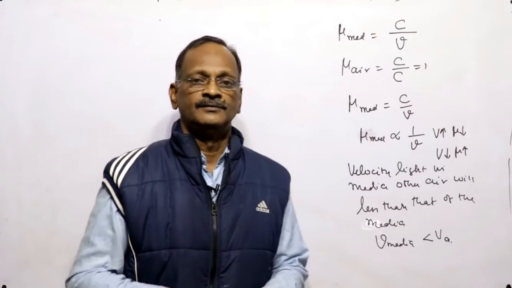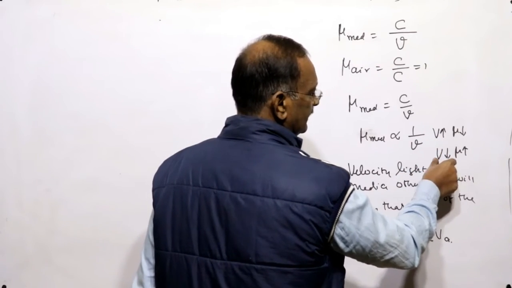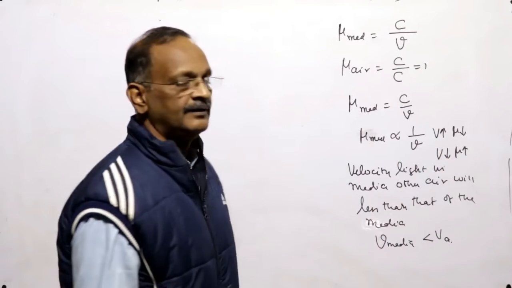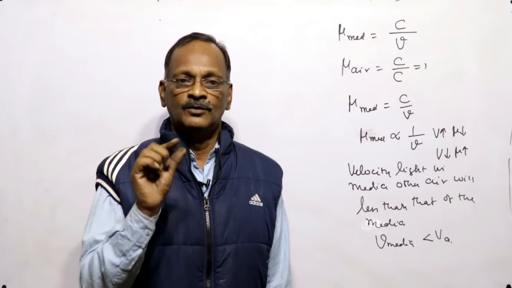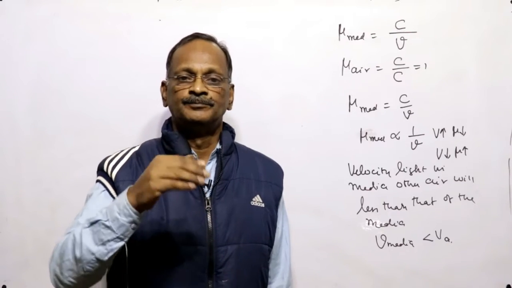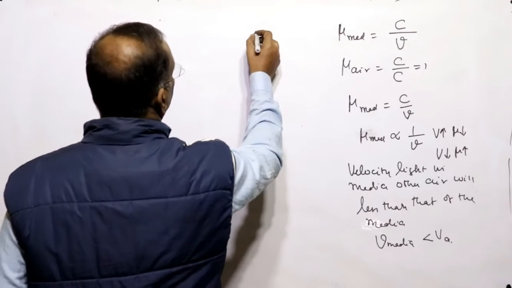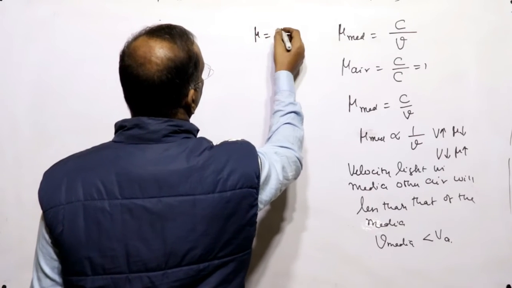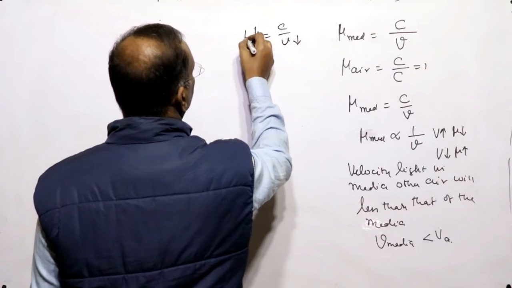That means what? Since the velocity is less in the media, the refractive index will be more. It means the denser the media, the less the velocity will be, and the more its refractive index will be. Mu is equal to C by V: the less the velocity, the more this value.